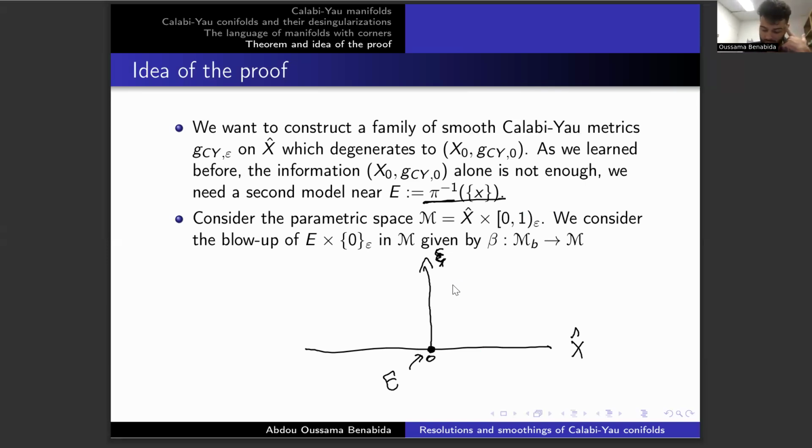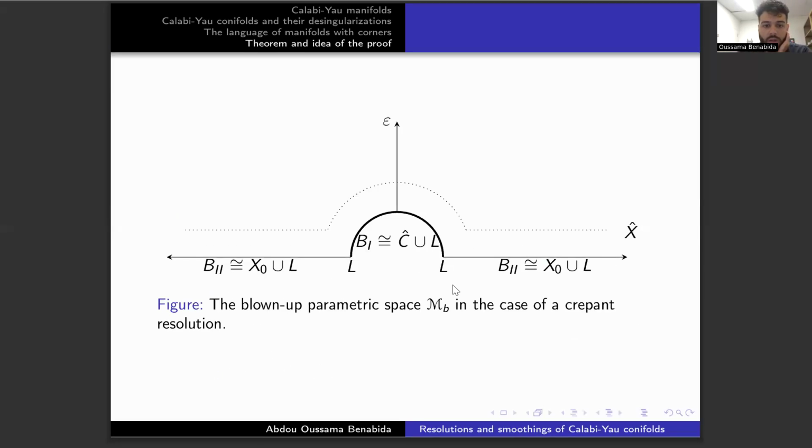And since we want a second model near this, as we saw before, the idea is that we need to blow up this point. It's not a point; it's a whole subvariety, but basically the same thing. Instead of just that subvariety, we take all the possible directions towards that subvariety. We consider the blow up of E times 0 in this parametric space. And this will give us this new blown-up parametric space.